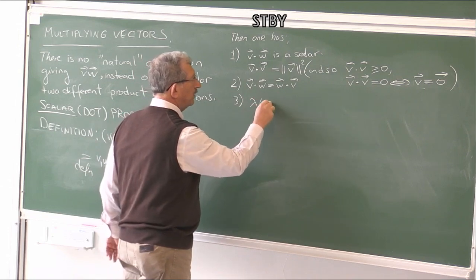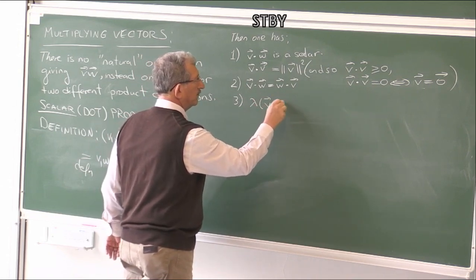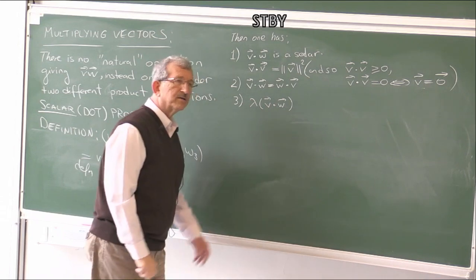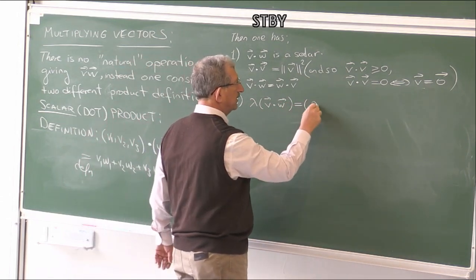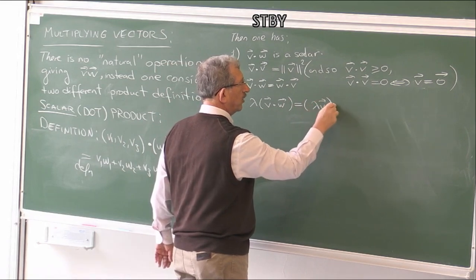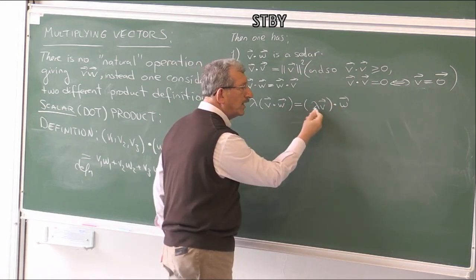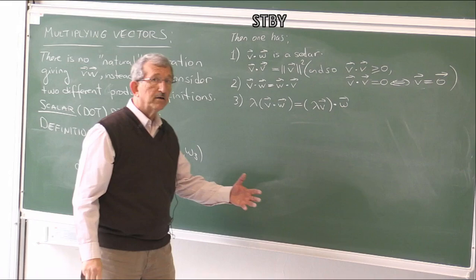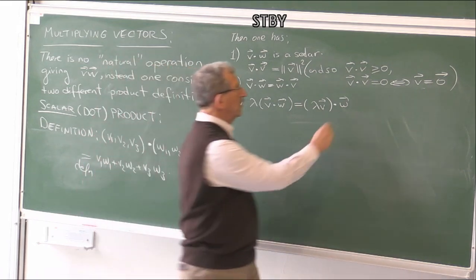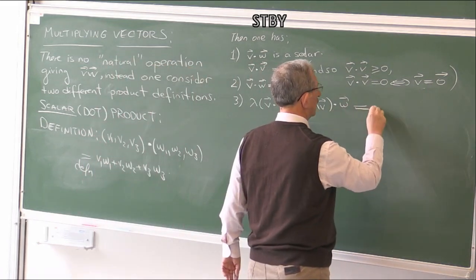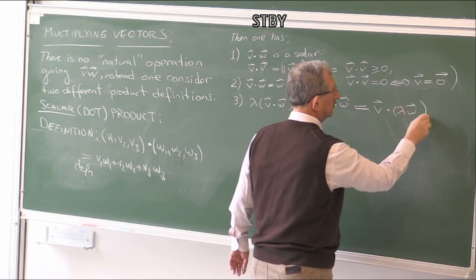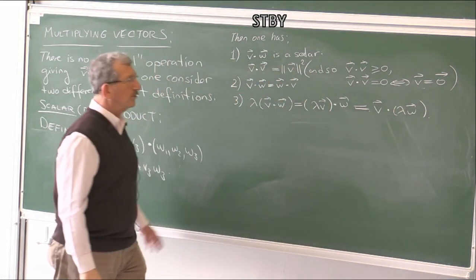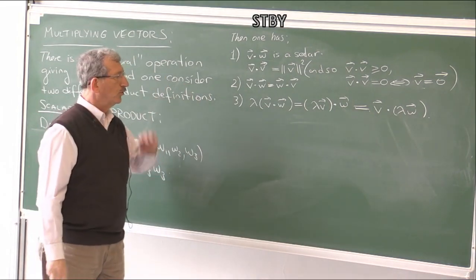If we multiply a dot product with a scalar lambda, it's the same as lambda v dot w. Of course, lambda times v is a vector, so we can take the dot product. Or it would be the same as v dot lambda w. So it's not important where you put your lambda.